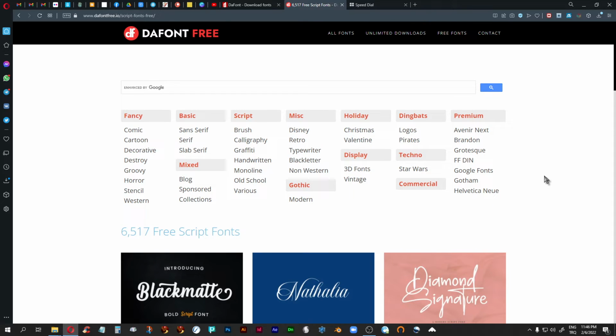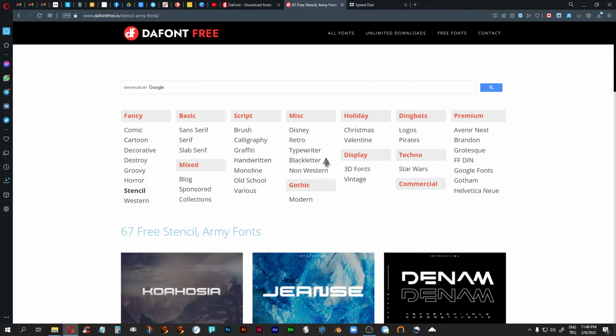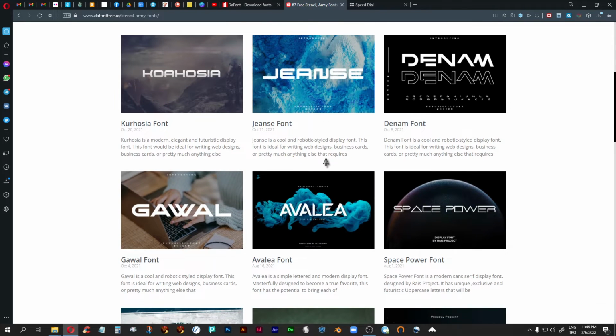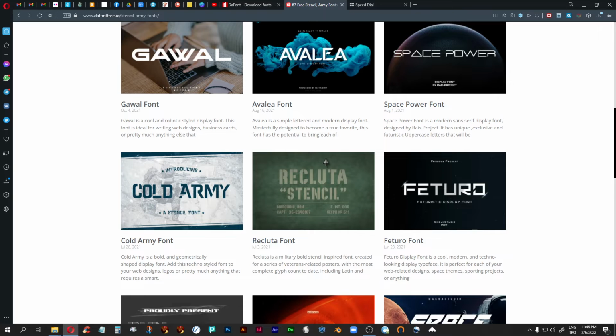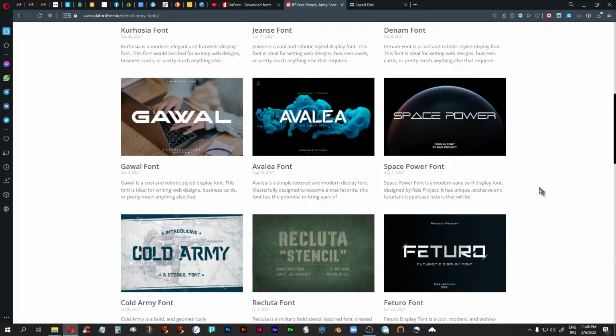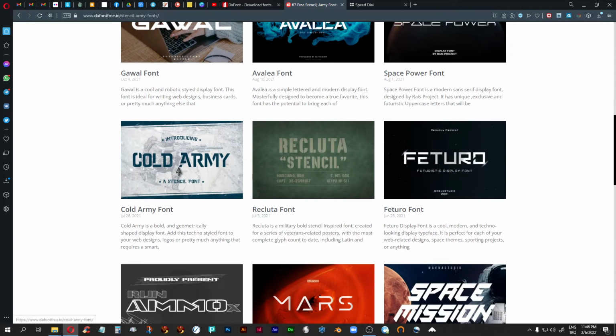Let's see, what else do we have here that I need to show you? Stencil fonts. Yeah, let's just take a look at that. Now, stencil fonts usually have either techno associations or sci-fi associations, and then some of them also have army associations. So this even is called Cold Army, as you can see.